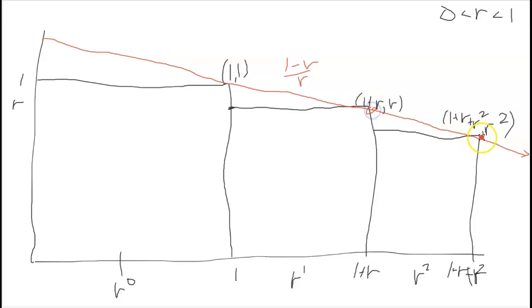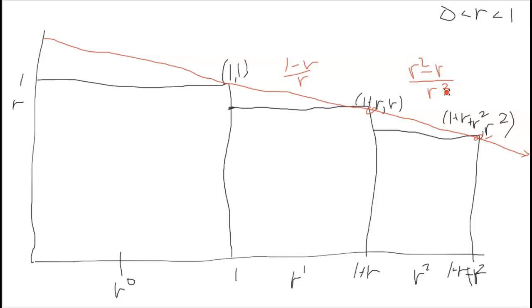Let's check here to make sure we have a consistent slope. We went from a y value of r to a y value of r squared. So our rise was r squared minus r. We dropped r squared minus r. And what did we run? Well, we went from 1 plus r to 1 plus r squared.